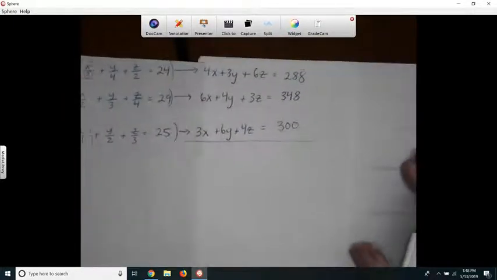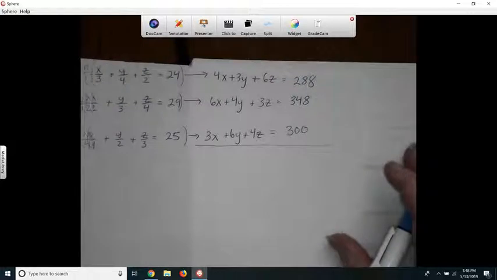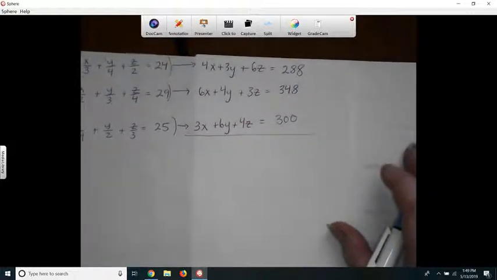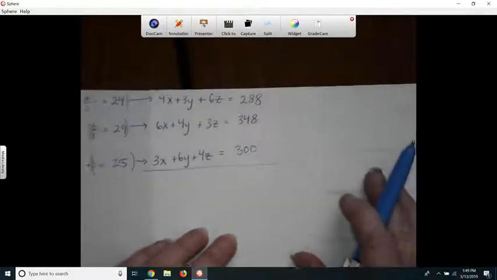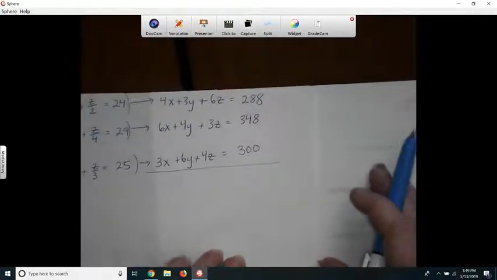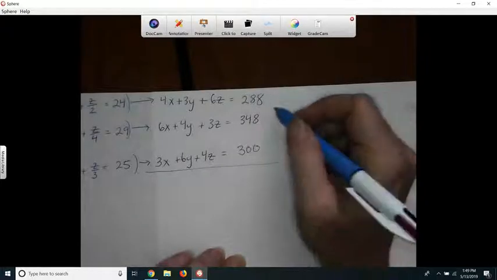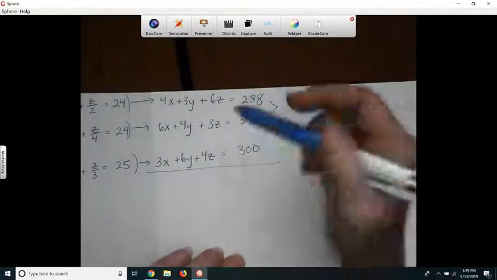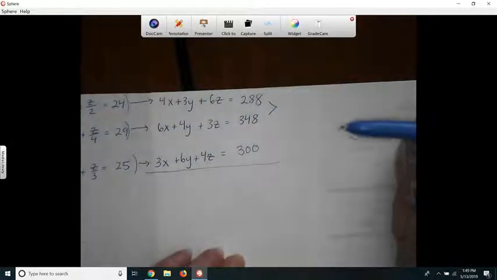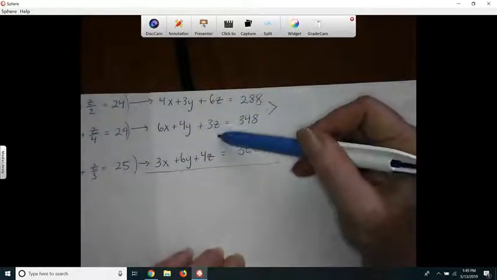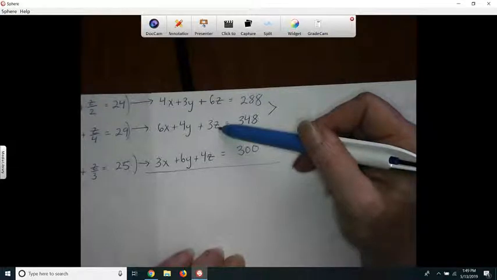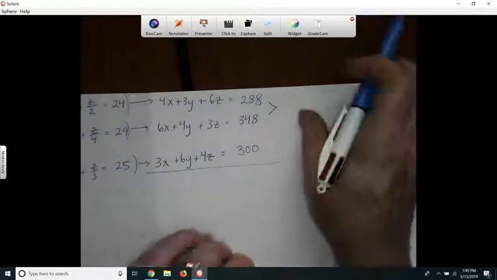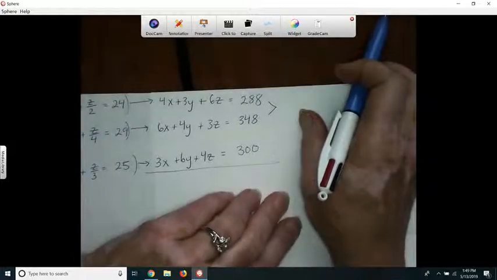So now we're ready to solve a system of three equations with 3 unknowns. My favorite way is to pick the top 2 equations and see which variable would be the easiest to get rid of. I like z, because I think I could just multiply the bottom one by -2, and that would help me eliminate z.